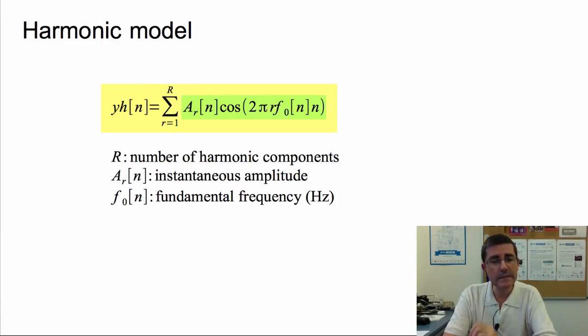But here the frequency is not f sub r, where we would allow any frequency for any sinusoid, but is r f sub 0. So that means that they are all multiples of f sub 0. A small r is an integer value, so it means that the sinusoids are, for different values of r, either the fundamental frequency or any of its multiples.